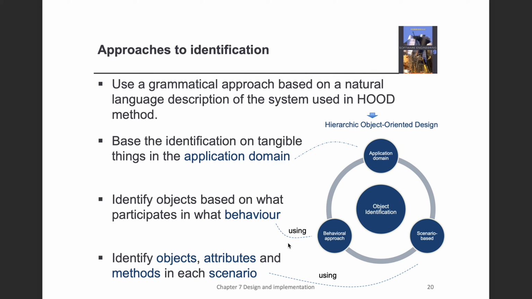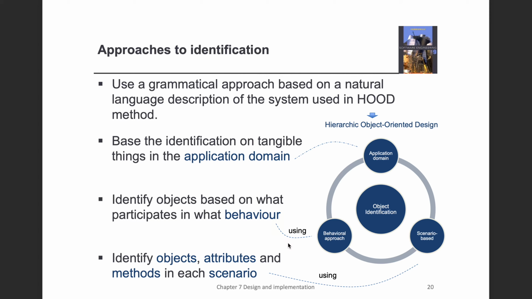Based on the identification of the tangible things in the application domain, if you are able to identify the tangible things in it, that will lead you to use either the behavioral approach or the scenario-based approach. With the behavioral approach, you identify the objects based on what participates in what behavior.